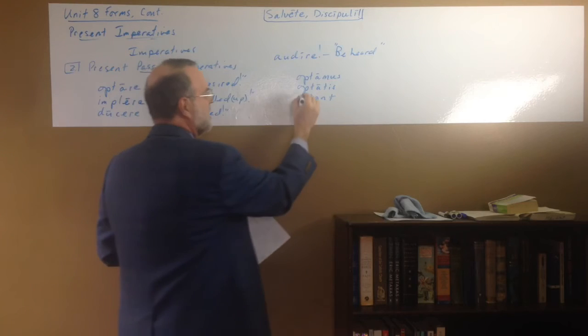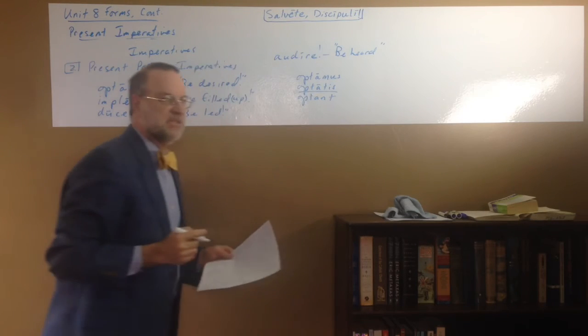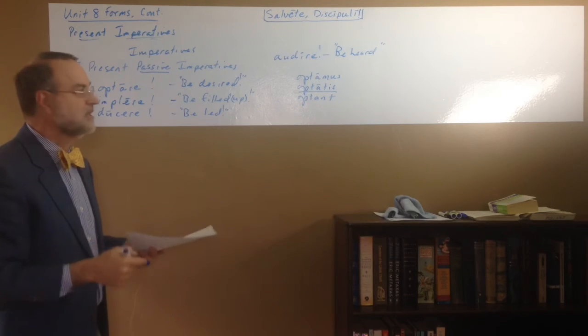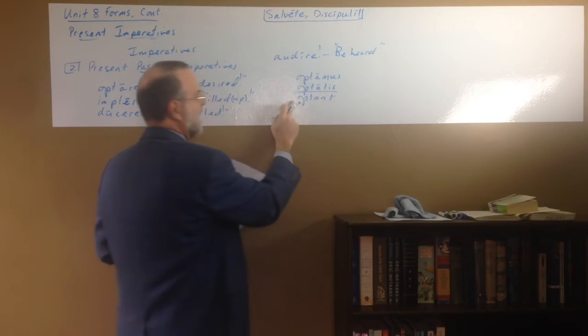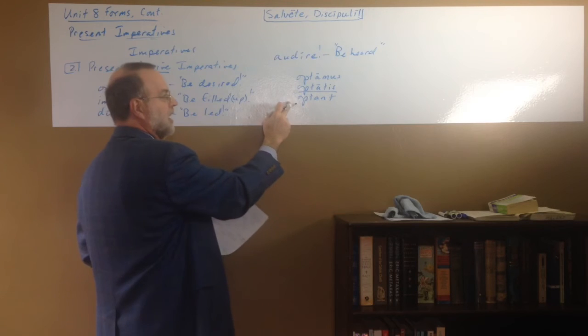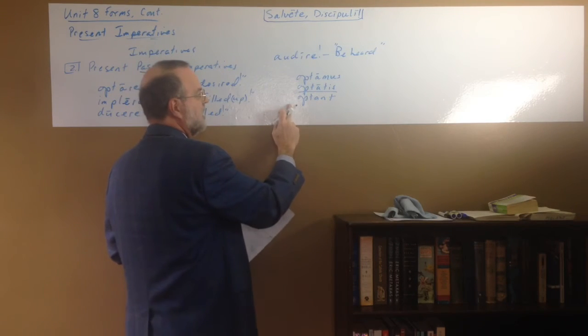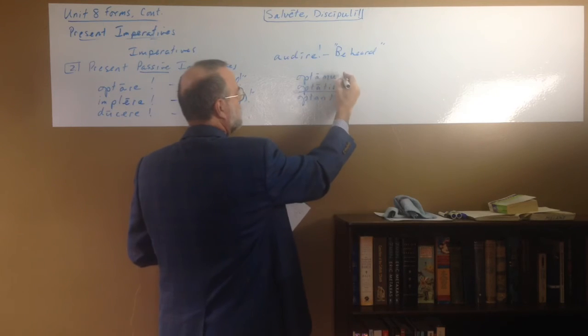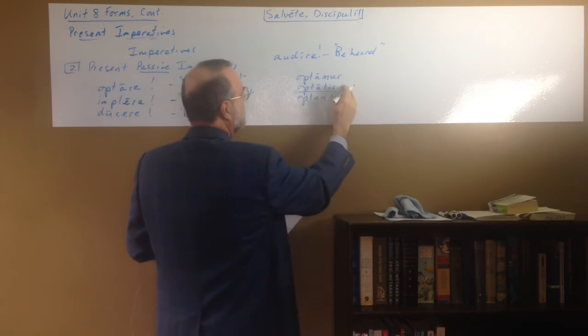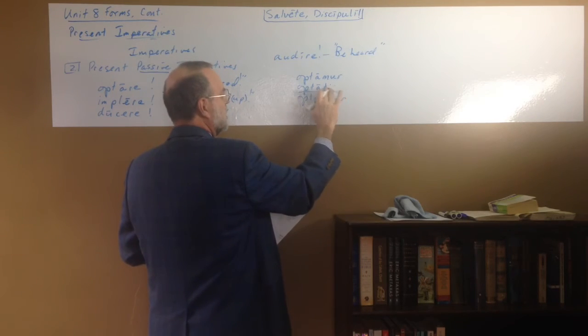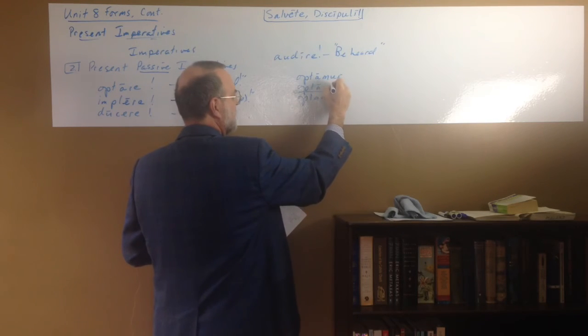Now, we're interested in the second person because, remember, imperative commands are given in second person. Okay? Now, if we take these active forms of the indicative, and I'm just telling you where the form is coming from, this would become optamur. Okay? Optant becomes optantur, and if you recall, this is the ending. It's kind of interesting because it adds an extra syllable.